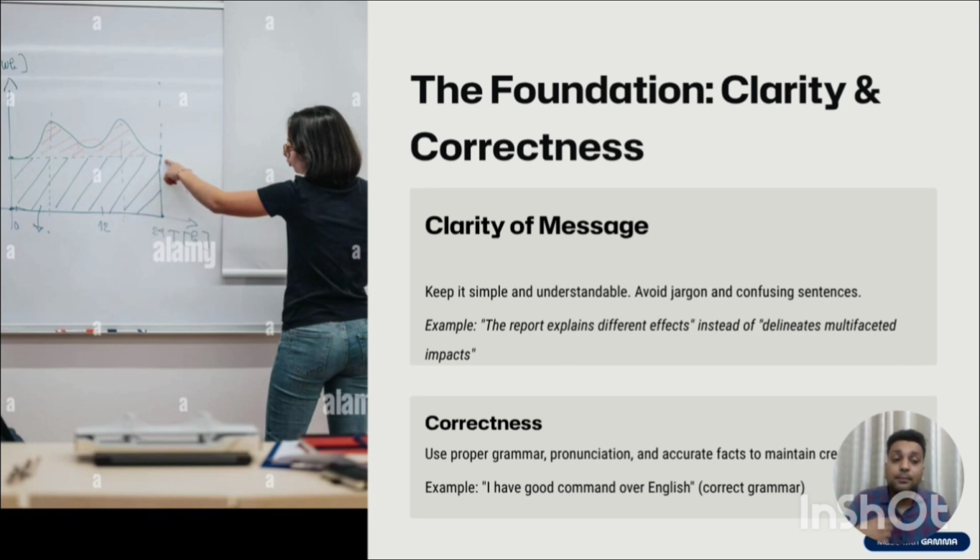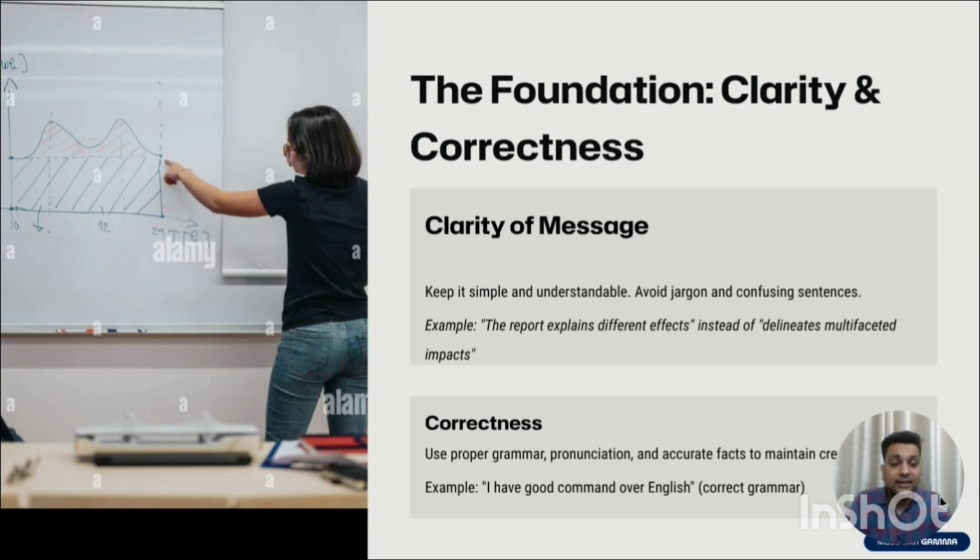Don't mispronounce the spelling of any word, and don't use any technical language that we call jargon, because a receiver might get confused. So the first important thing to keep in mind while speaking is that your message, your information should have clarity.